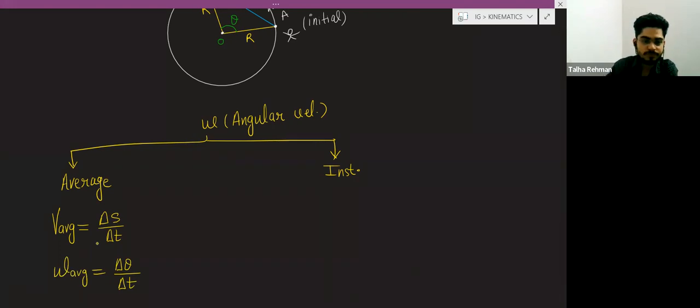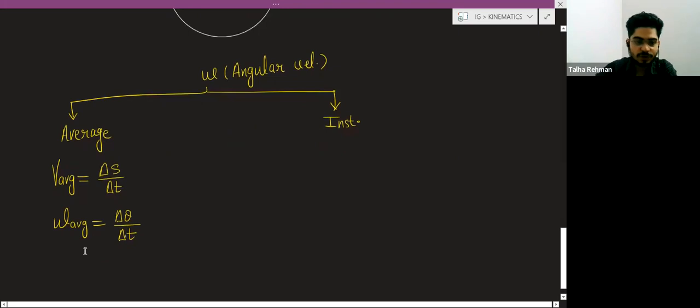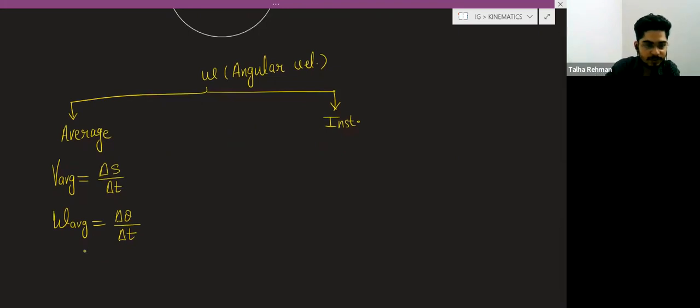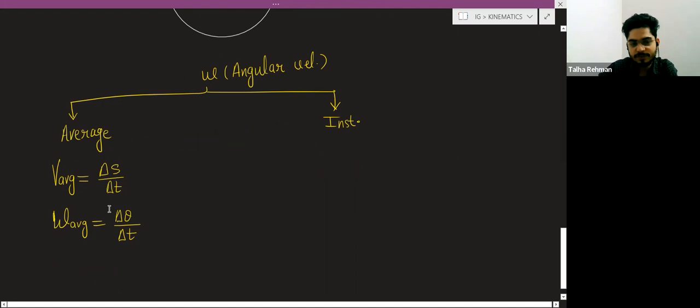Are you getting? You have to relate both the linear motion and angular motion, otherwise there will always be confusion. Your average angular velocity will be delta theta by delta t, and your linear will be delta s by delta t. What is delta s? Total linear displacement. What is delta theta? Total angular displacement.